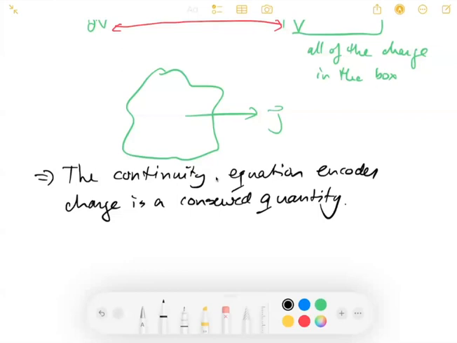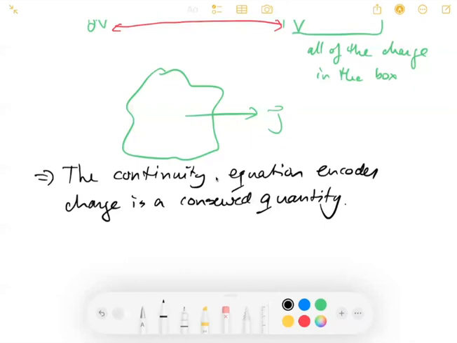Now, if the number is different, we should do an accounting. We should count, hey, how many cars entered this stretch of highway and how many cars left? And it better be that in the end, if the number has changed, it's because, for instance, more cars left that stretch of the road than have entered that stretch of the road. Because otherwise, cars would be spontaneously appearing or disappearing. And in this universe, that would be weird, right?